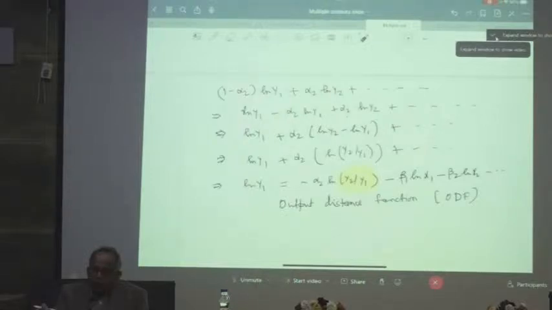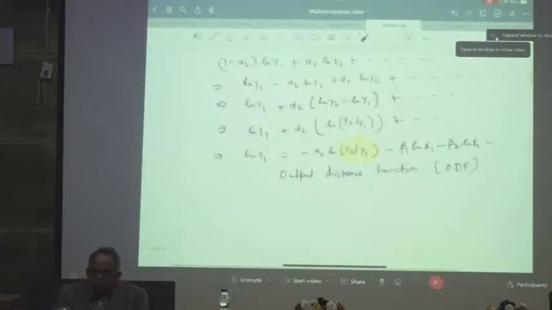Again, this is going to be related to output oriented inefficiency that I'll be talking about in a minute after I finish this. So again, this is not exactly like a production function.